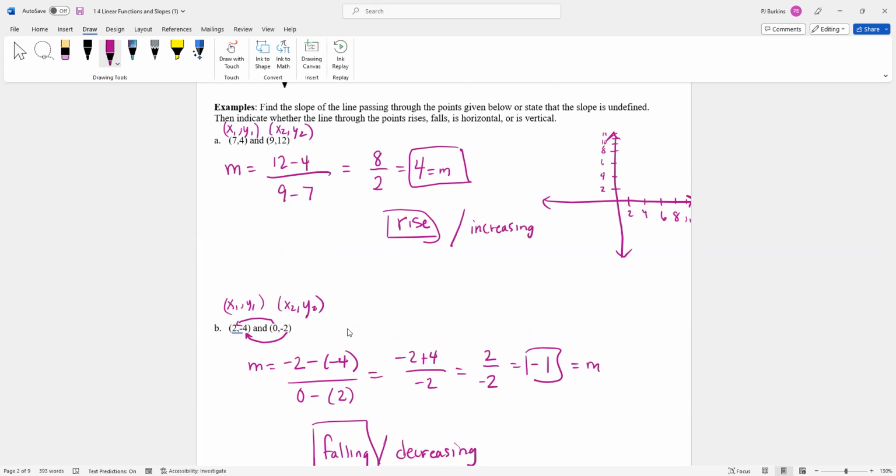Okay. So the point 7, 4 is going to be right there, and the point 9, 12. So looks like I got a line. Ooh, that's not a good start. Something like that. Okay. So in fact, that thing is rising, right?